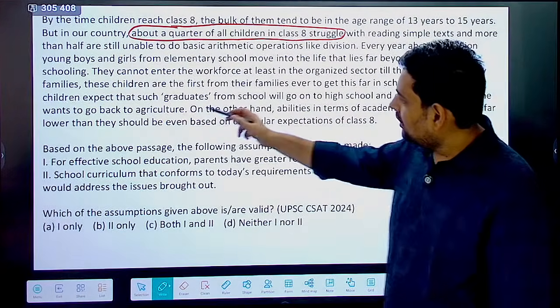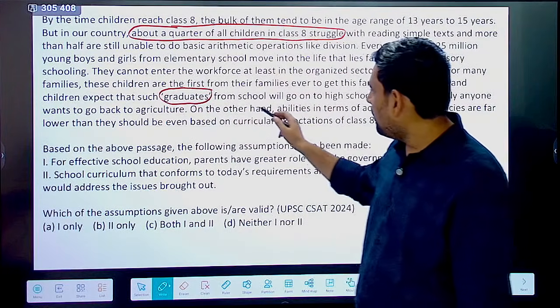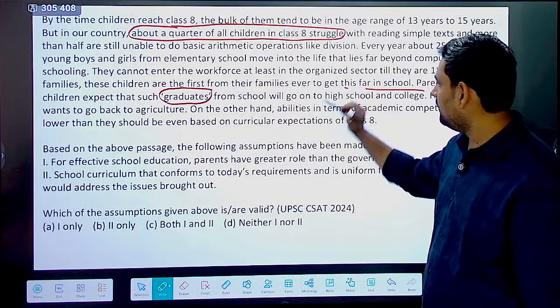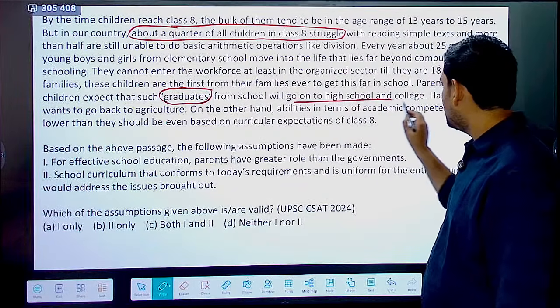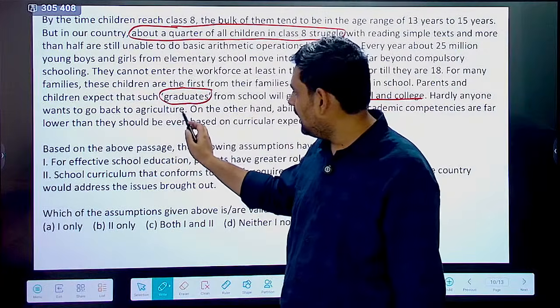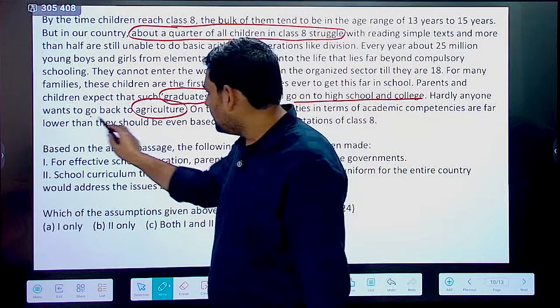Parents and children expect that such graduates from school will go to high school and college. They will go on to high school and college. Hardly anyone wants to go back to agriculture.